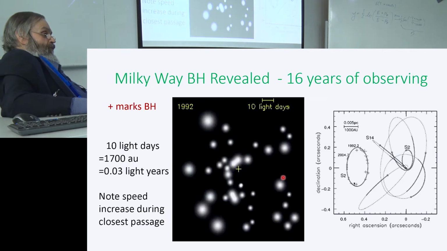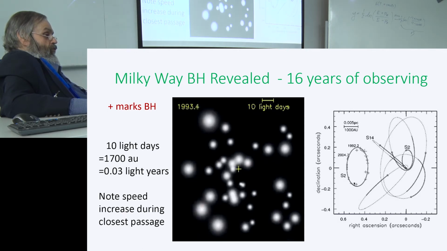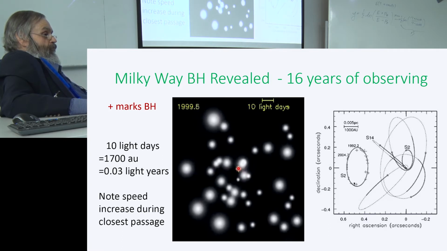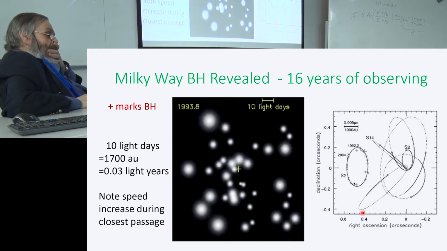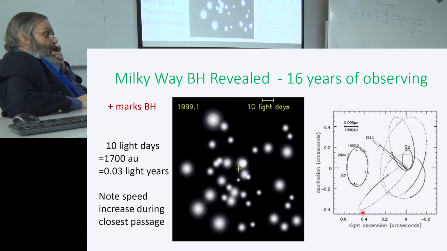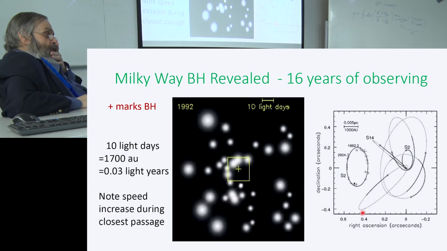And this affects the velocities of stars in the thing, and I showed you this before. This is the orbit of star S2 around the supermassive black hole. And I think it then zooms in on it, doesn't it? From memory? Yeah.